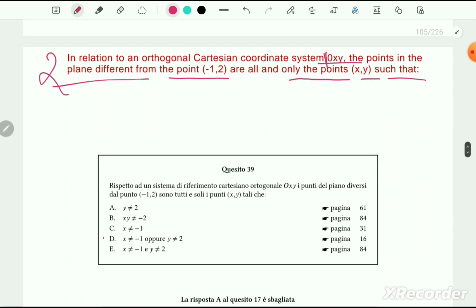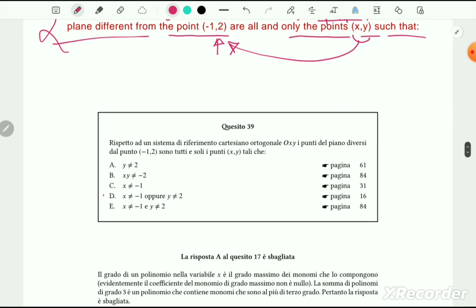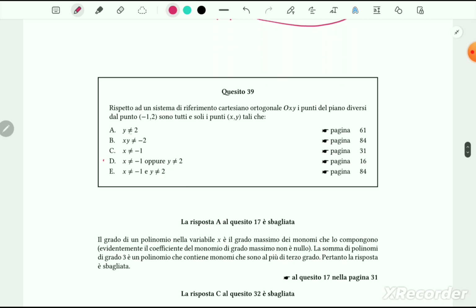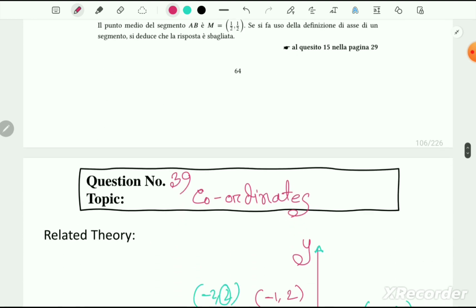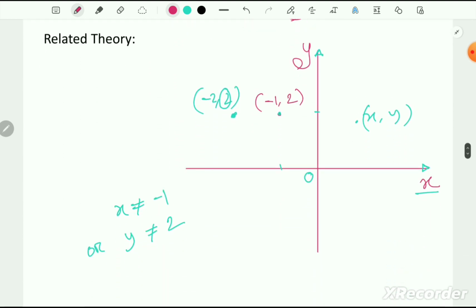OXY means a Cartesian coordinate system where the origin is 0 and x and y represent the x-axis and y-axis, and (x, y) is a point which is different from (-1, 2). So these are the options. Let's see from here.